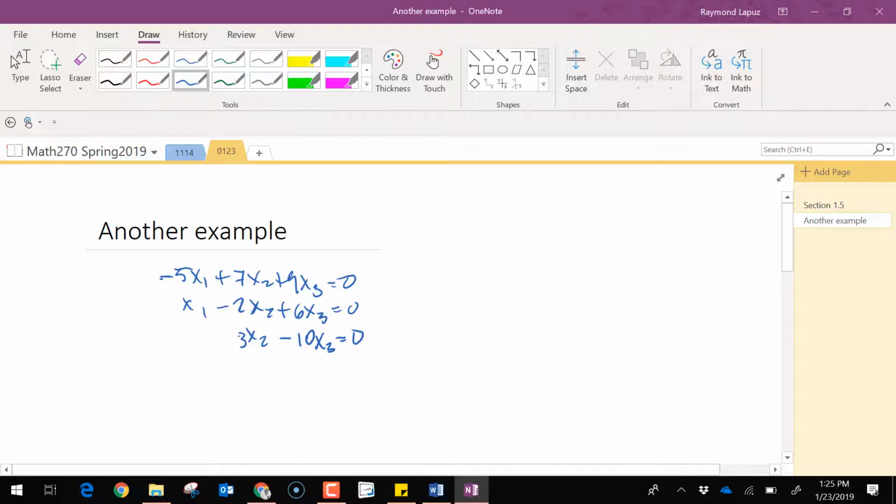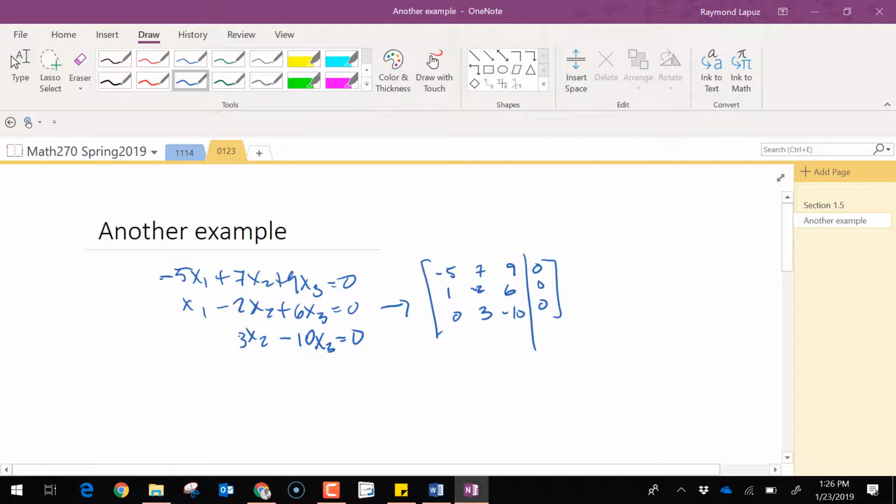So here I have 3 planes, and if we change this into a matrix, minus 5, 7, 9, and 0, the augmented part. 1, negative 2, 6, and 0, 3, minus 10.